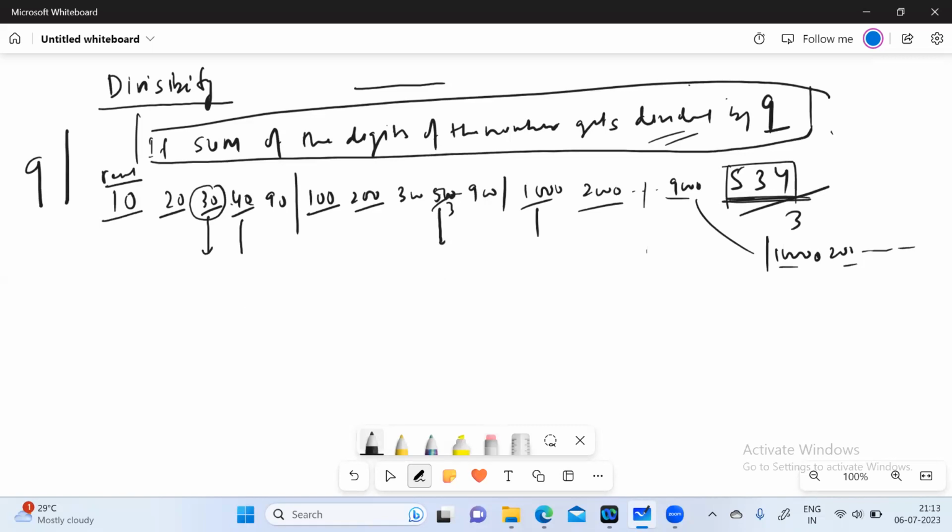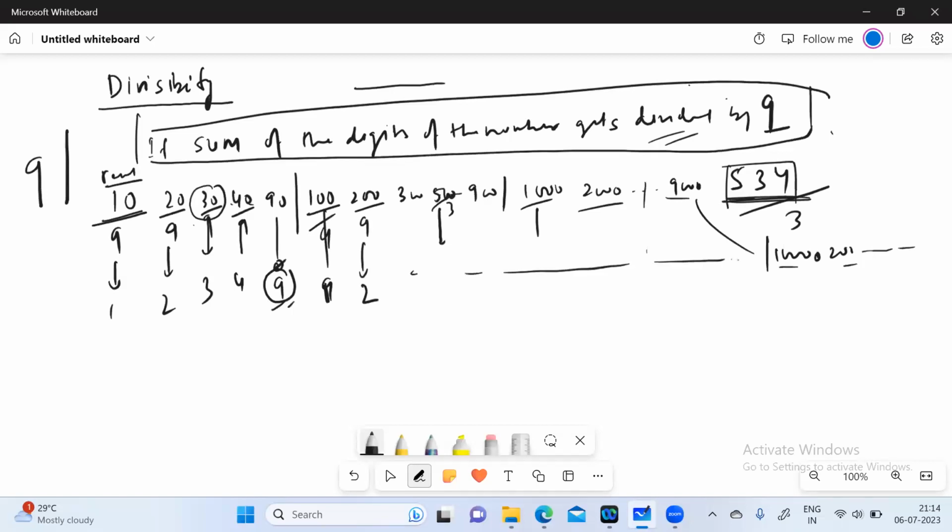If 9 divides 10, you get the remainder 1. If 20 gets divided by 9, you get remainder 2. 30 divided by 9, you get remainder 3, and for 40 we get 4. For 90, it is ideally 0, but let's keep 9 as a remainder. Similarly, for 100 divided by 9, we get 1. If 400 gets divided by 9, we get 2. And we will follow the same for all the other digits.